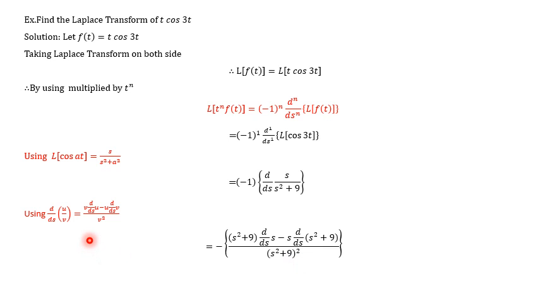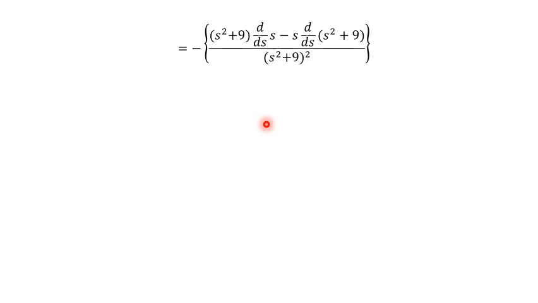Okay. So u is equal to s and v is equal to s square plus 9. We are using this formula for writing this step. For understanding purpose, we are just writing above step as it is.